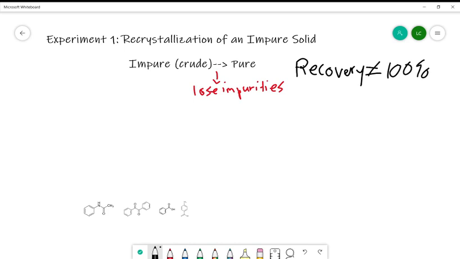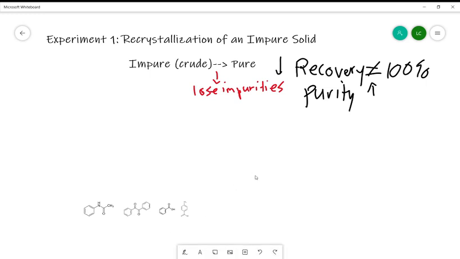So this is something you want to remember: even if the purity goes up, the recovery essentially goes down. So it's basically a give and take analysis between recovery and purity.